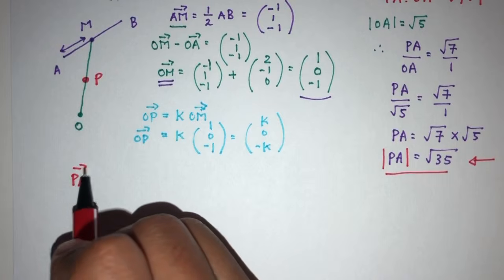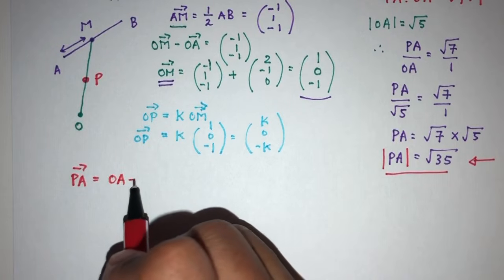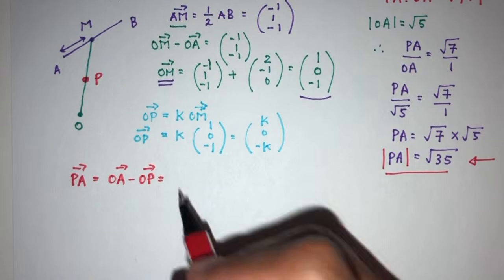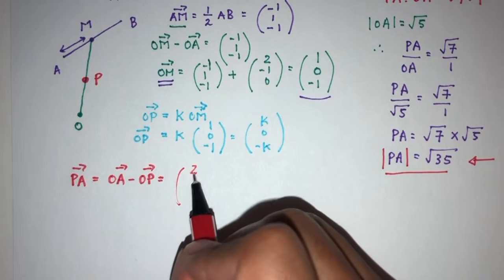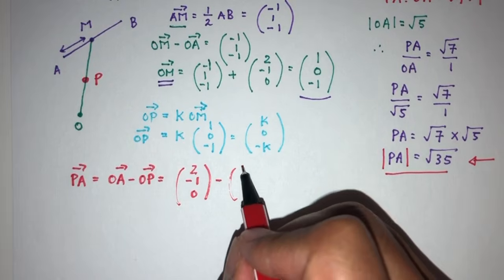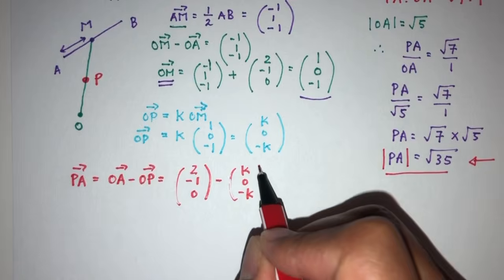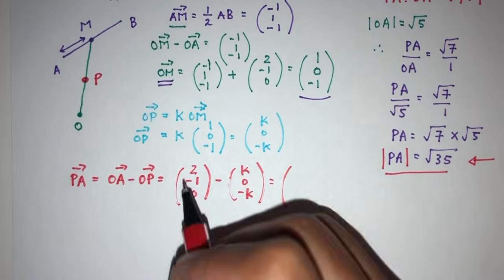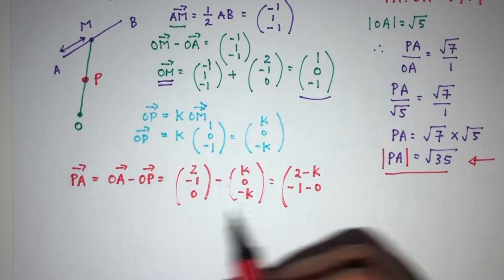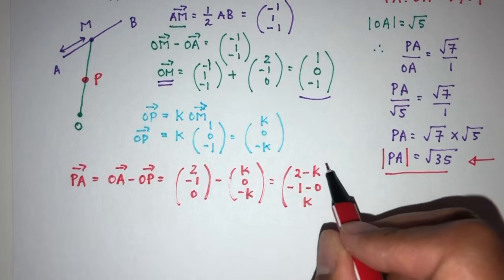By definition, PA is OA minus OP. We don't know the value of P yet, but we know A is 2, minus 1, 0. Minus OP, and OP is K, 0 minus K. That will be 2 minus K, minus 1 minus 0, and then plus K.